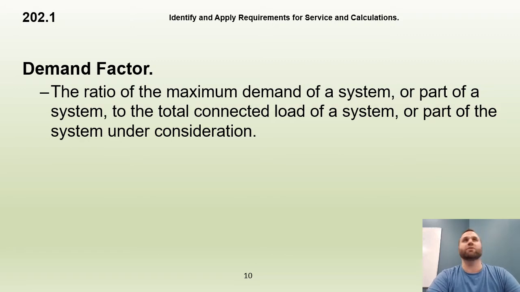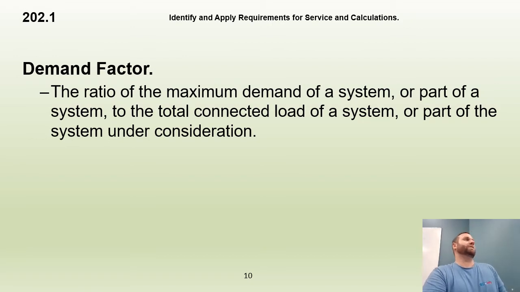So if the equipment runs at 11,000 watts, let's say I have an electric range that runs at 11,000 watts, the NEC gives us permission to not calculate in our overall service the entire 11,000 watts for that range, because it knows that we will never be running all the burners and the oven at full throttle all the time.